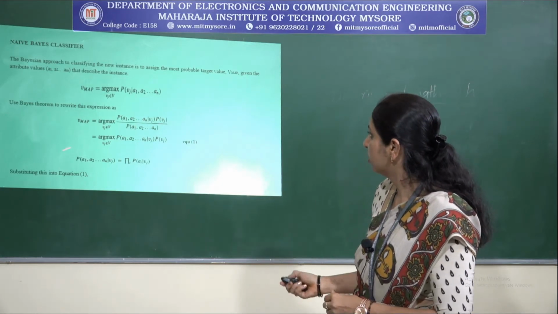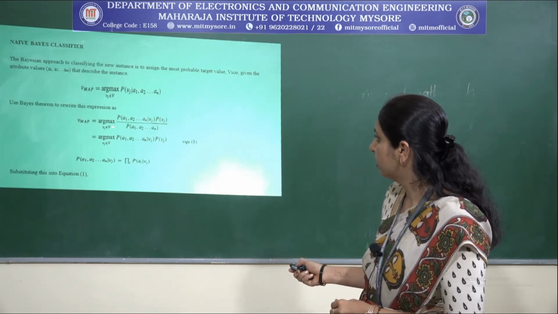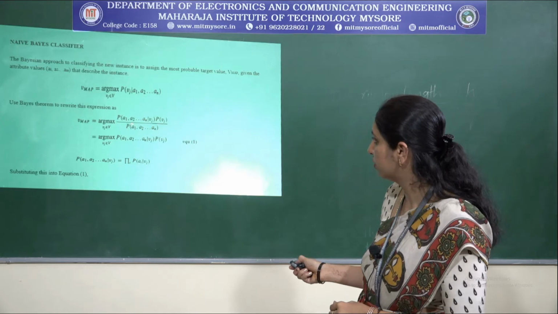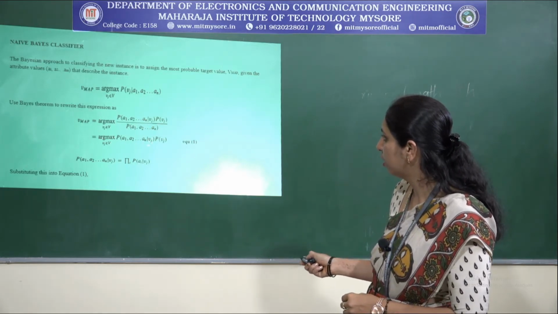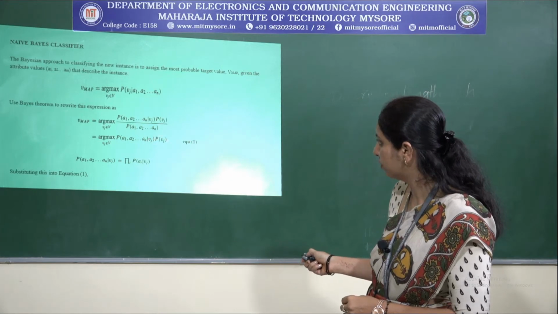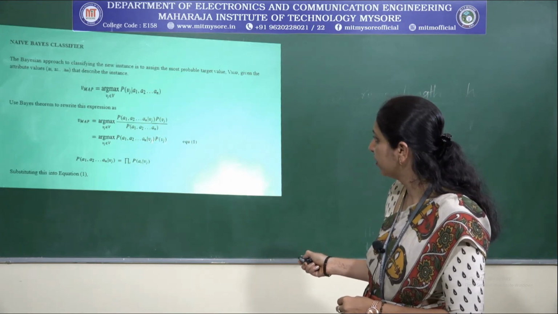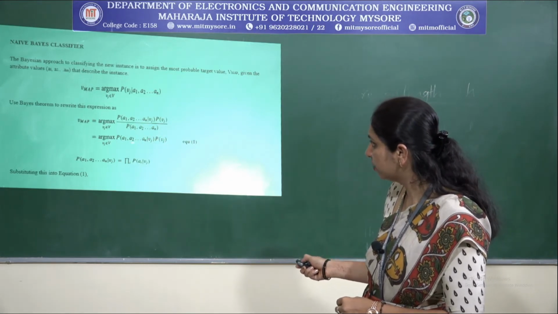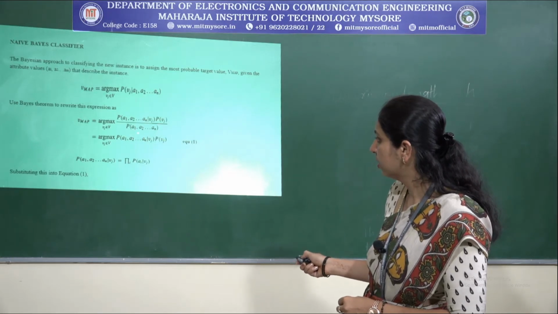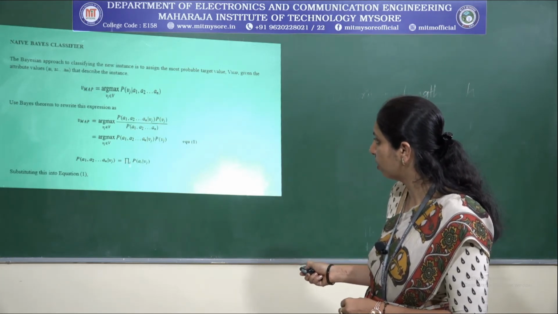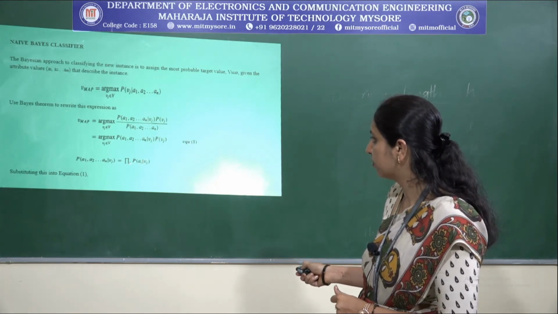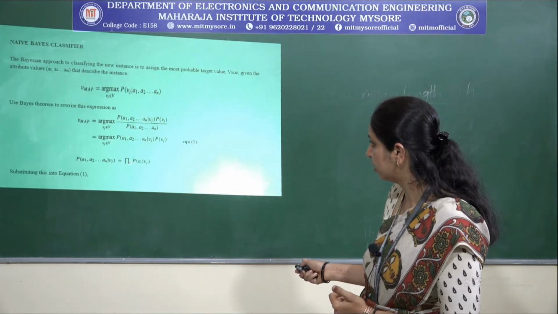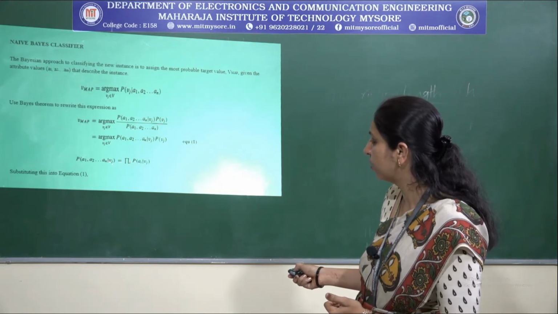So we have argmax of the probability of A1, A2, An given Vj, times the prior probability of Vj, and later this can be written as a product of the probabilities of Ai given Vj, where i varies from 1 to n.